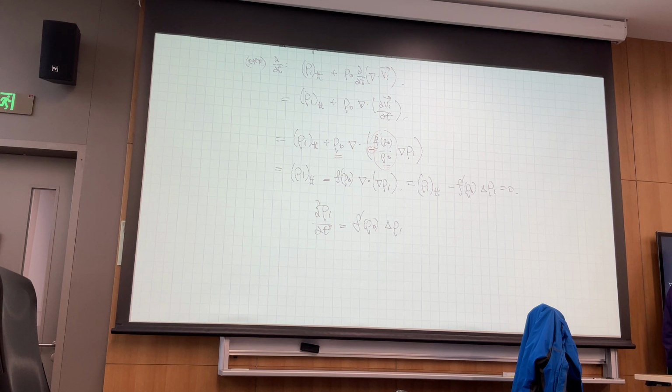So first of all, what is the gradient of rho? It's a vector of rho x, rho y, rho z, which represent partial rho partial x, partial rho partial y, partial rho partial z.